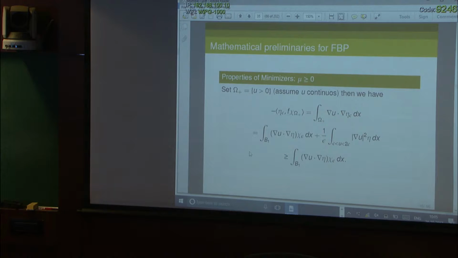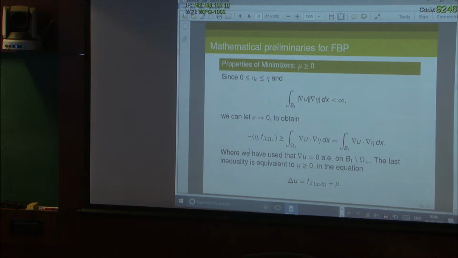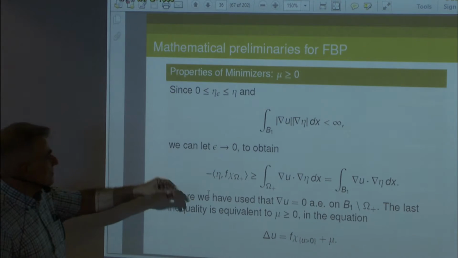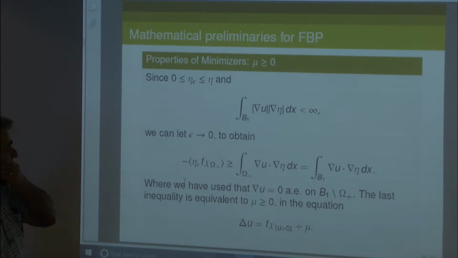So I need this to be bounded. Yeah, because eta epsilon is bounded by eta, so I can actually let me go back and tell you why. I don't get it myself. Why do I have that this is bounded?